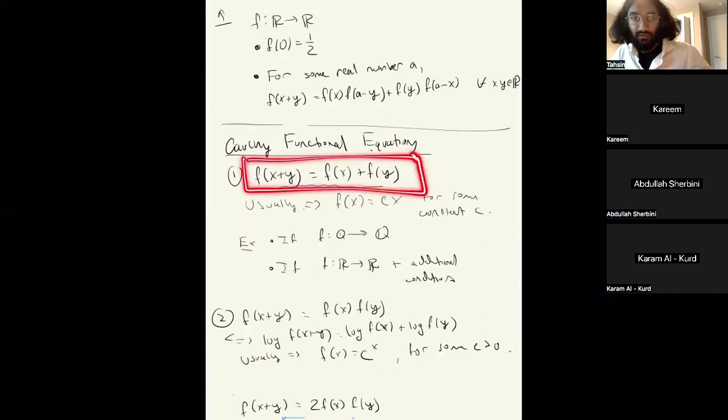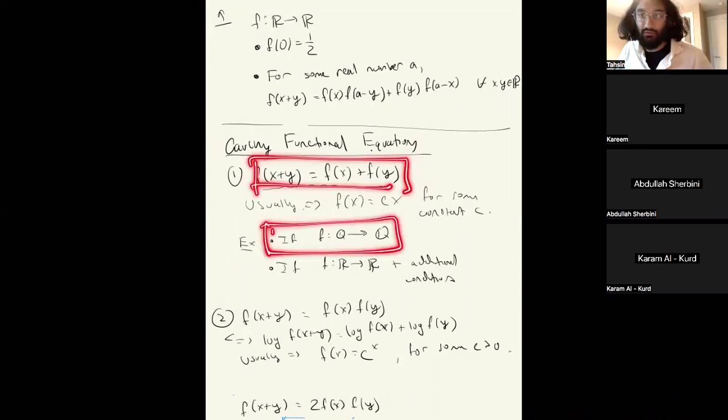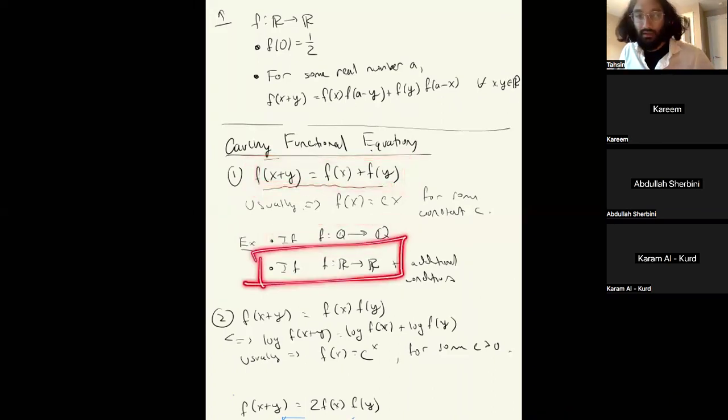The solution to this is usually f of x equals c times x. Maybe I'll assign it as homework. For example, if your function is from rationals to rationals, then it's true. You can do it by induction. If it's from R to R, it's usually true, but you need some more conditions.